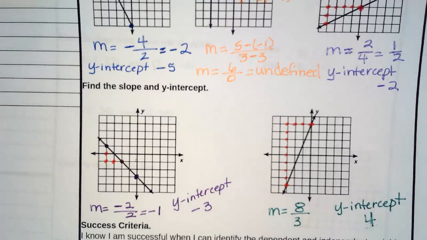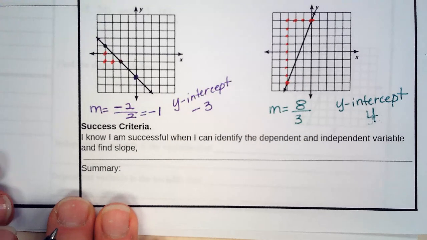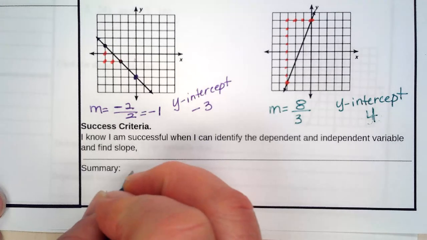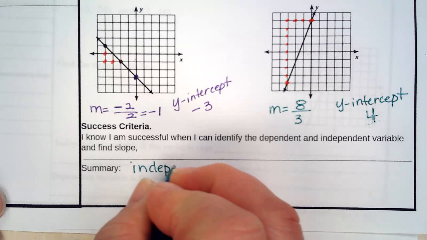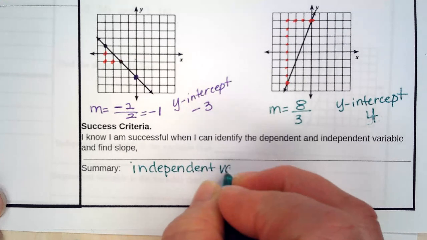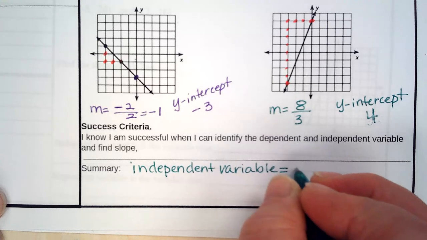Okay, now, how do you know you're successful? You know you're successful when you can identify the dependent and the independent variable and find the slope. Remember that your dependent variable is your output, your independent variable is your input.